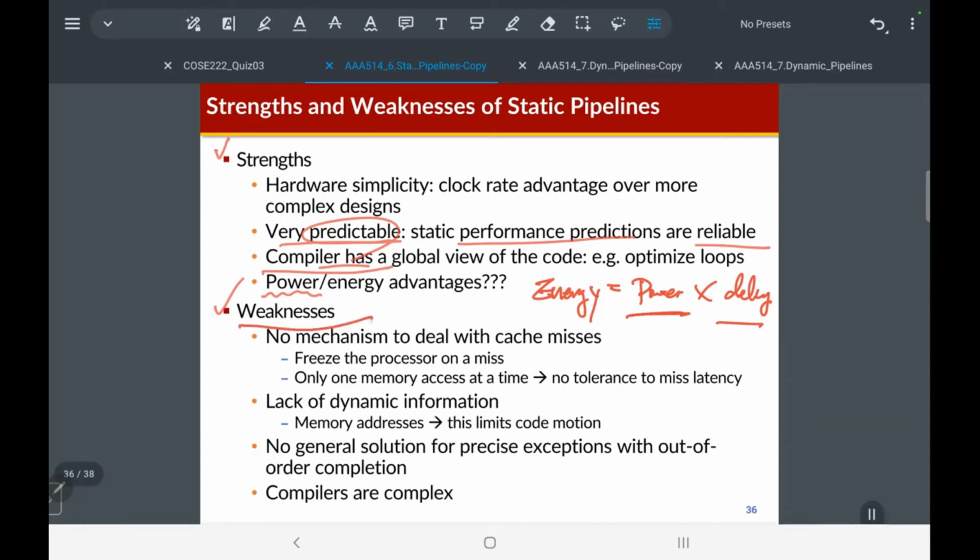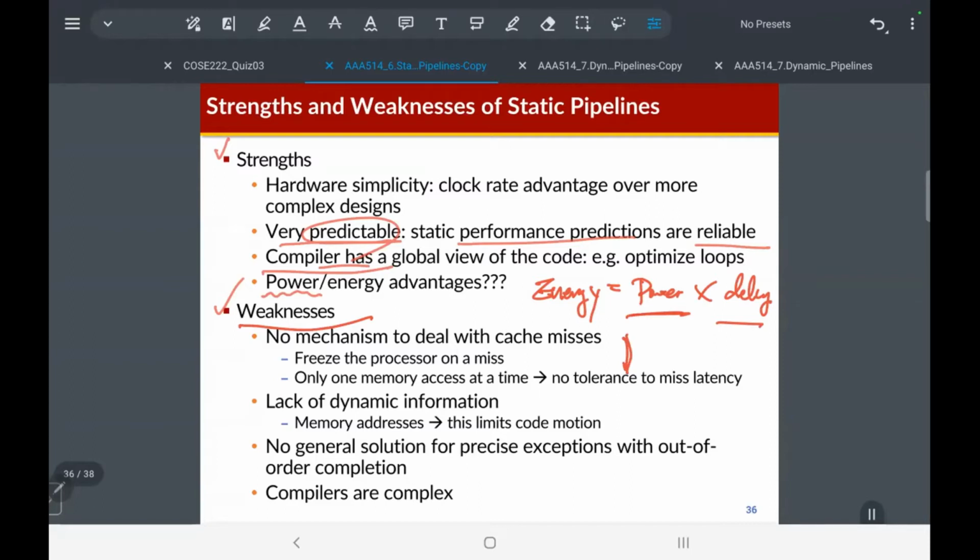And the weakness. When I explained the static pipeline architecture, I assumed that every memory access hits in the cache, meaning the load or store instruction consumes only one cycle. But that is not true for real cases. It's very hard to handle cache misses with the static pipeline architecture.